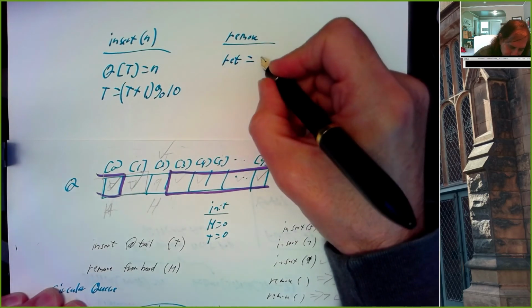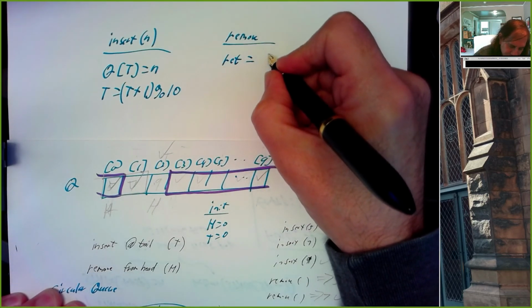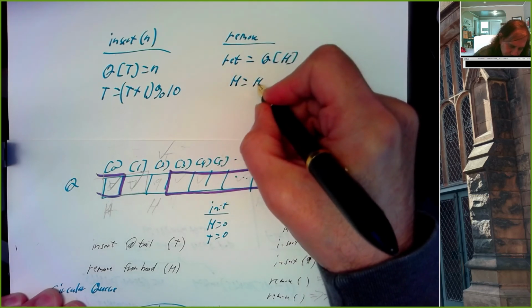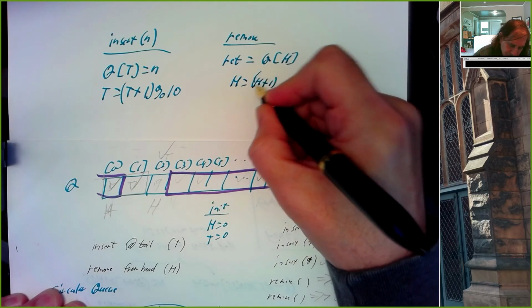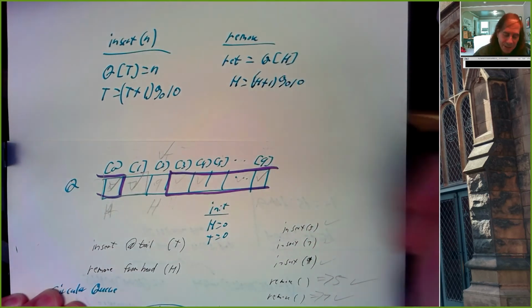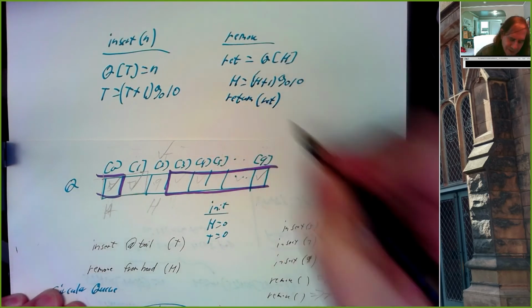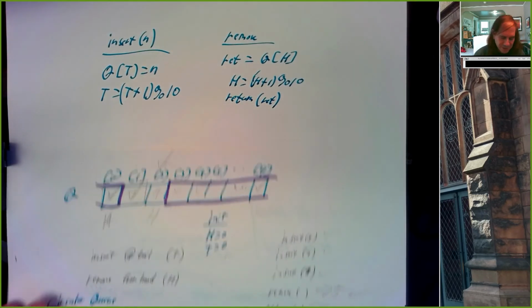To remove, we return the value at q[head], increment the head, roll it over at the end, and return that value that we found in the array.